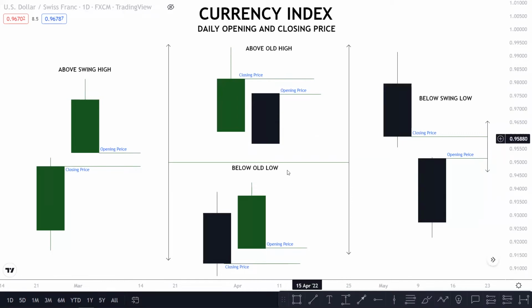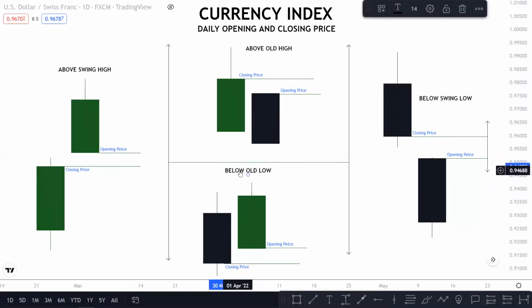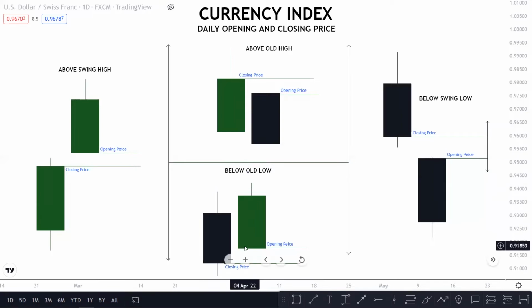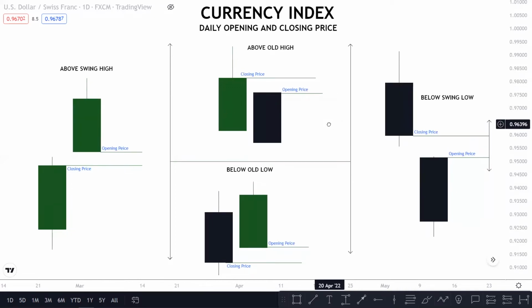The same thing applies to this candle here, the bearish version. If we are to be bullish, I want to see price trade below an old low, then give me such a candle or such a pattern if we are to be bullish on the news or before the news is released, because some fundamentals affect the market 1 hour before or maybe an hour after.